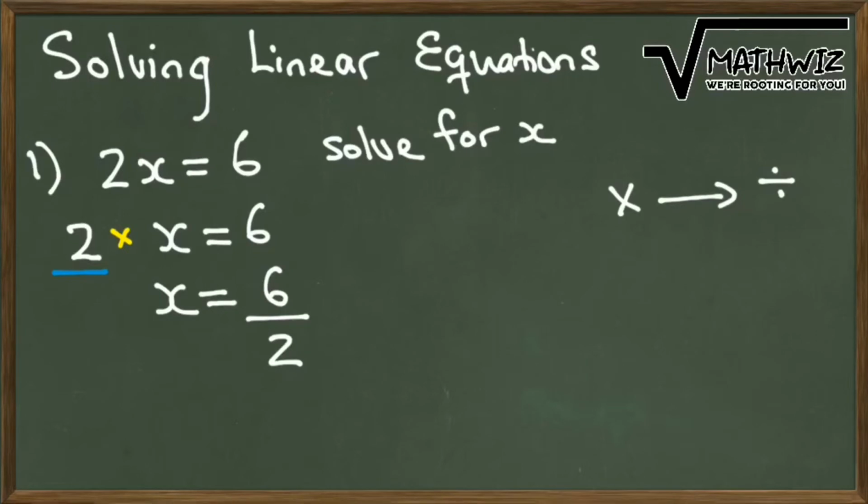So when you see a teacher put it below 6, this thing here, 6 over 2, or the fraction 6 over 2, is still saying 6 divided by 2. So the idea is that the 2, which was previously multiplied, is now being divided, right? And so x would be equal to 3, because in our minds, we're saying that's the same thing as 6 divided by 2. All right, let's try another example.